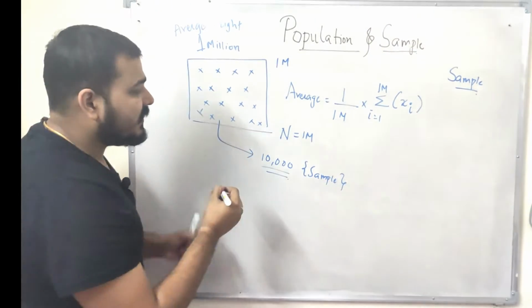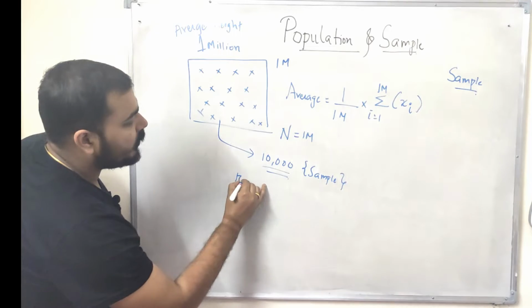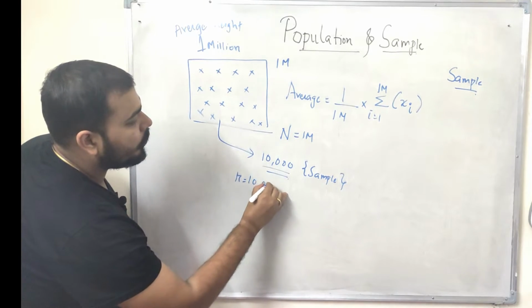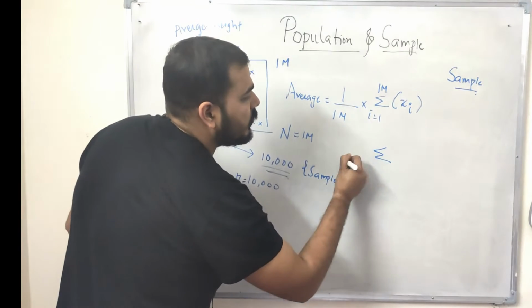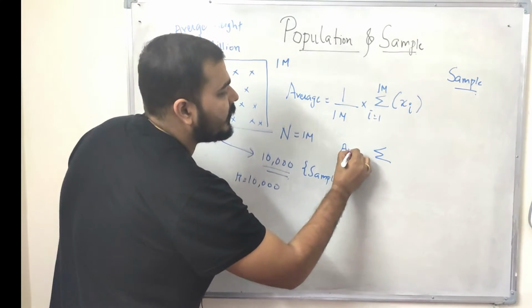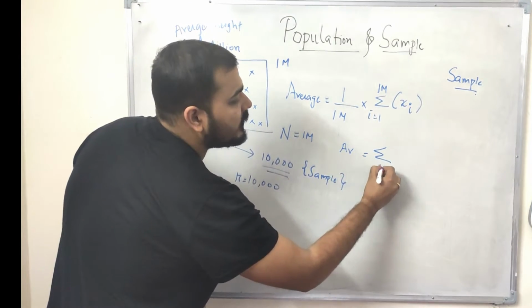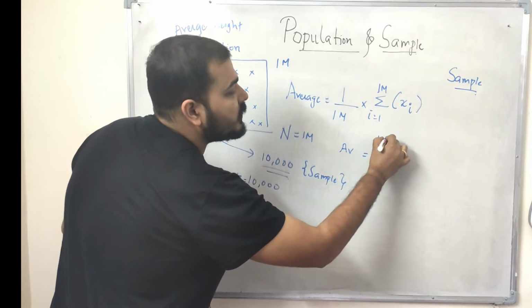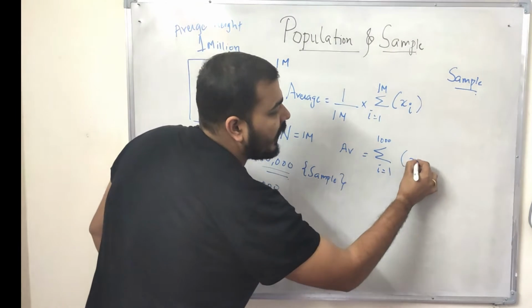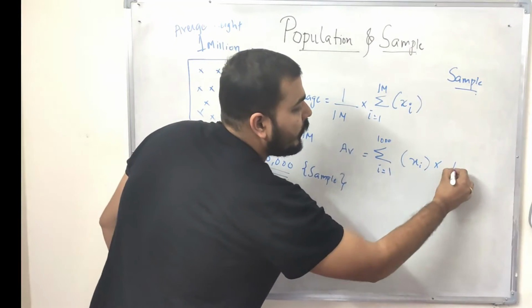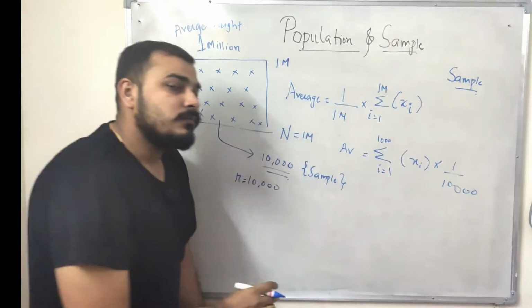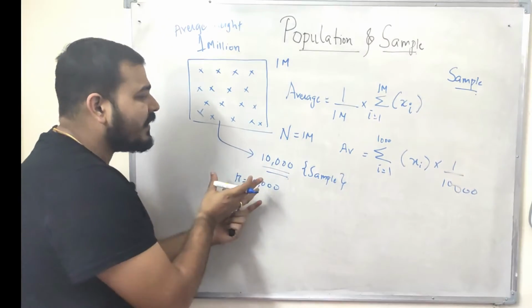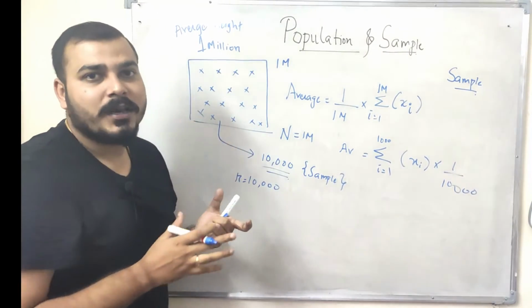This 10,000 is denoted by small n. Now if I want to find out the average, then I can write a formula: summation of i equal to 1 to 10,000, x of i multiplied by 1 by 10,000. And we can collect some 10,000 data points from this particular population itself.